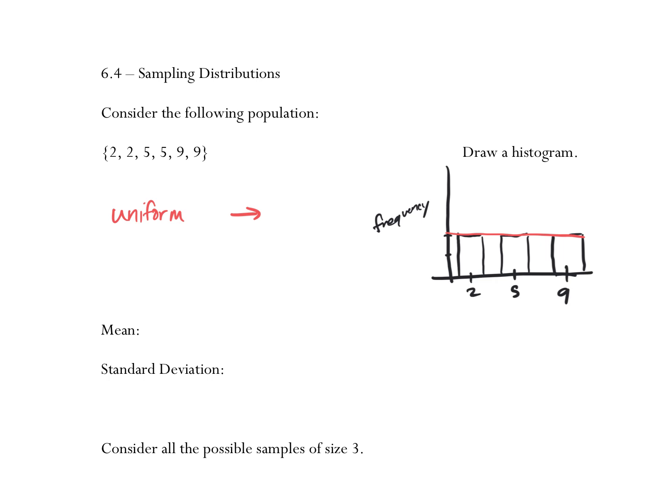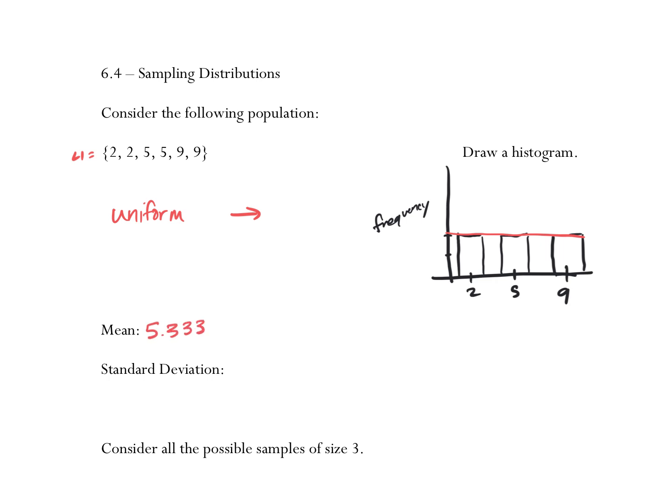Could we find the mean and standard deviation of our population? How do I find the mean and the standard deviation of my population? Throw these into L1 and run the one variable stats. Can you guys throw those into L1 and run the one variable stats for me, please? 5.3 repeating, right?